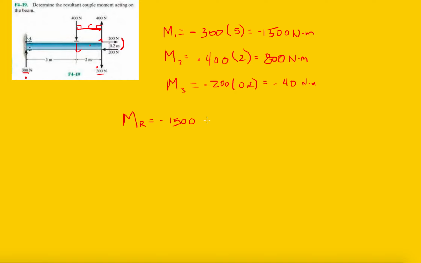So minus 1500 plus 800 minus 40. That gives us a minus 740 Newton meter couple moment.